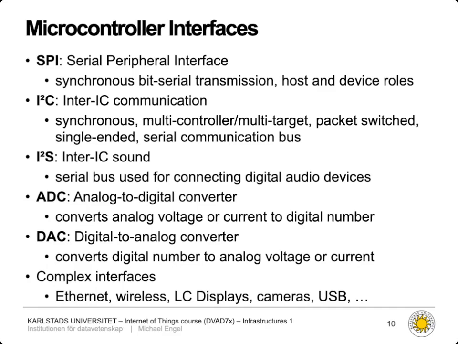And of course, you can have more complex interfaces, for example, network interfaces like Ethernet or RS485. You can have wireless interfaces, as we've seen. You can have interfaces, for example, to LCD displays or to screens like VGA or HDMI that you also have on your PC. You can have camera interfaces for digital cameras, and of course, USB, and so many things more.